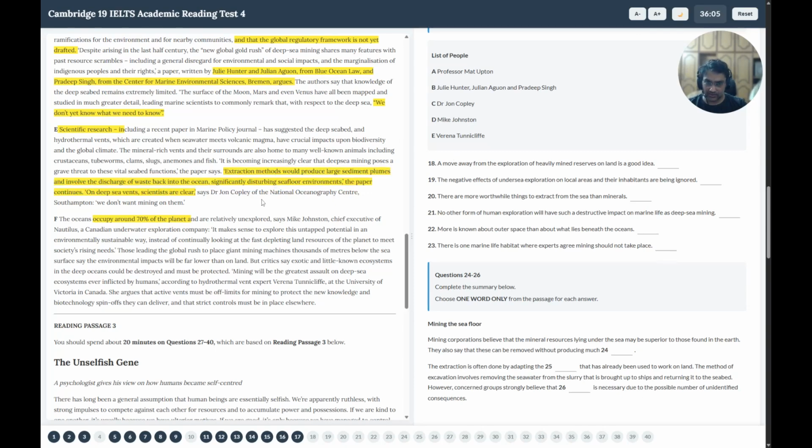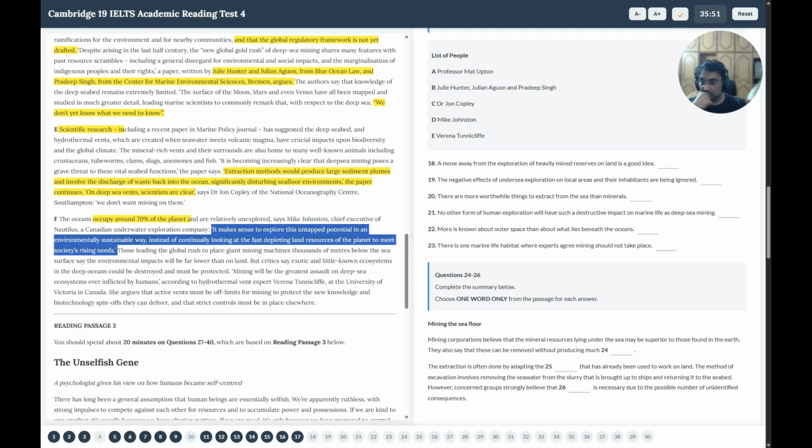Mike Johnston. Who's Mike Johnston? A move away from the exploration of heavily mined reserves on land is a good idea.